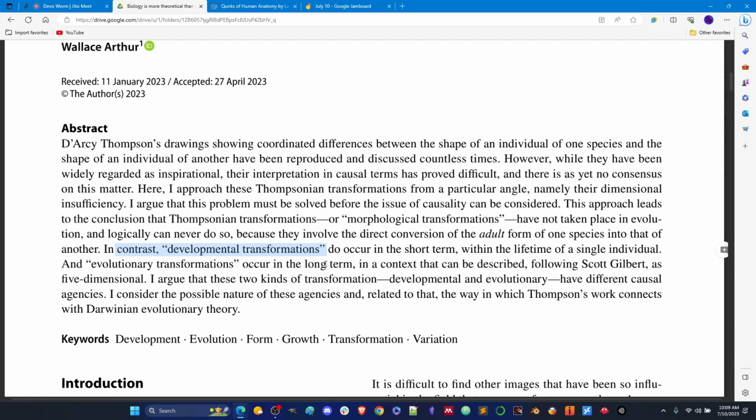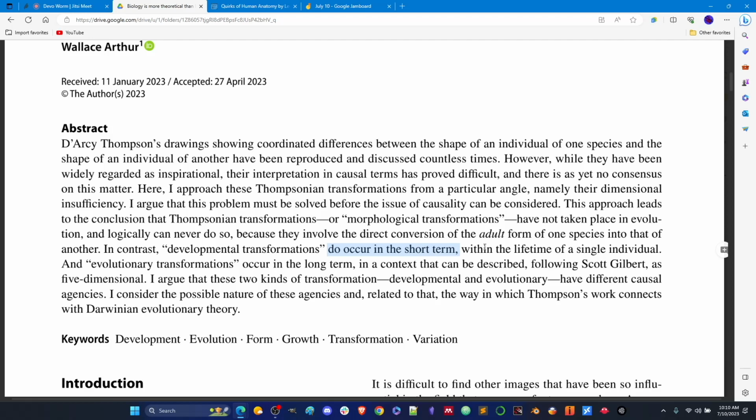In contrast, developmental transformations do occur in the short term. And so those developmental transformations don't necessarily show up in those grid transformations. Those grid transformations are sort of the end product of the developmental transformations. So you have to think about it in a different way.